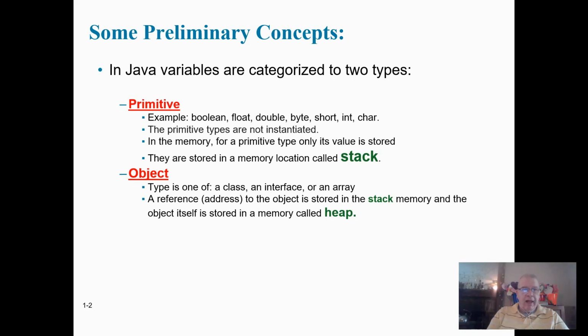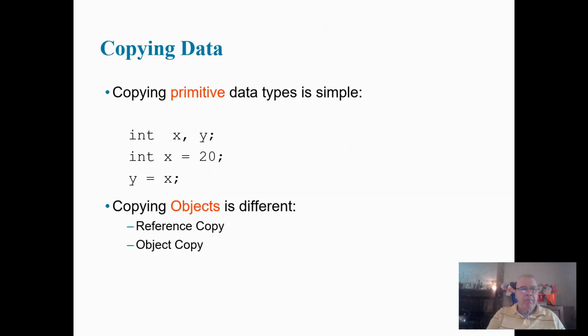Objects, which are one of a class, an interface, or an array, a reference, an address to the object is stored in the stack, but the object itself is stored in memory called a heap. So we'll see how to represent those diagrammatically.